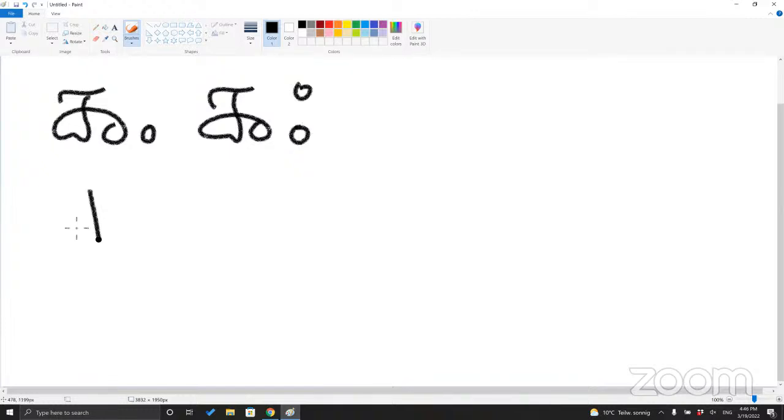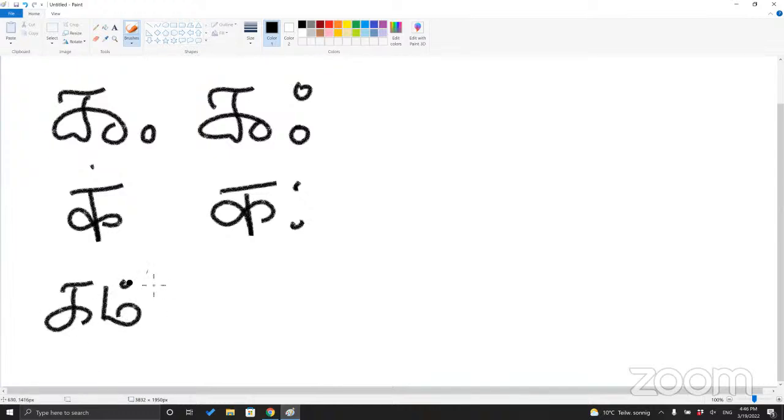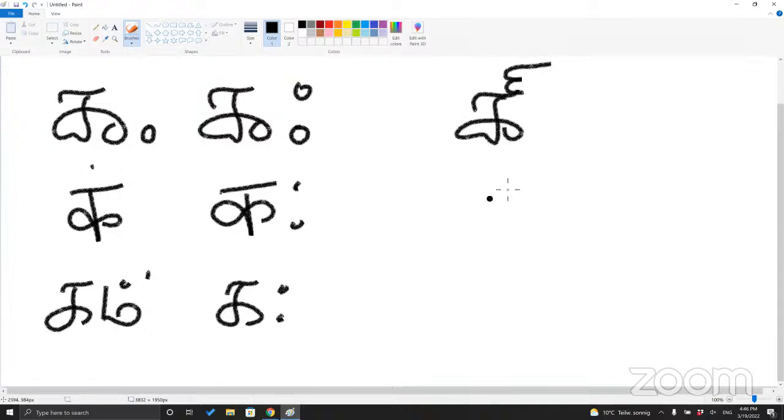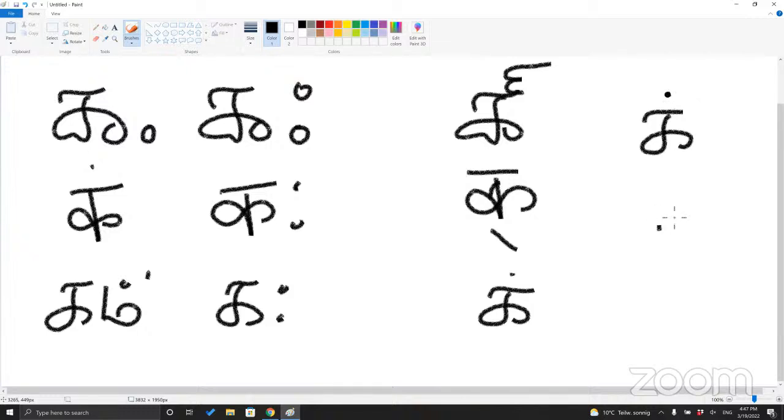That would be your ka, that would be your taha. Grantha doesn't have a pulley, but it has something like this, which is equivalent to the virama, the pulley in Tamil. So you write the ka and you do this.